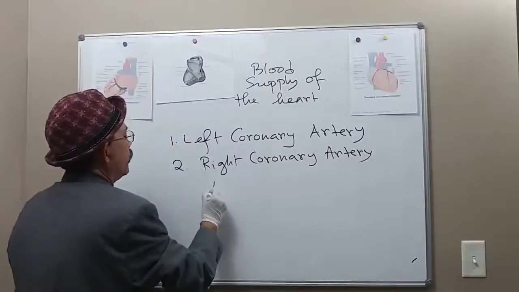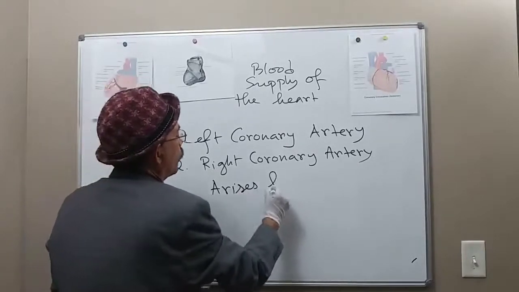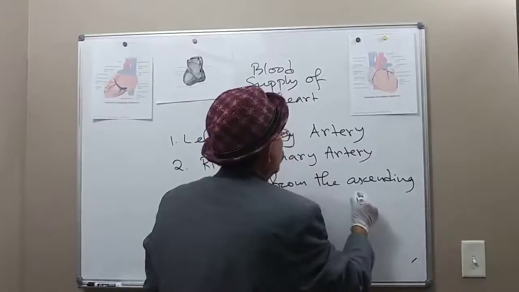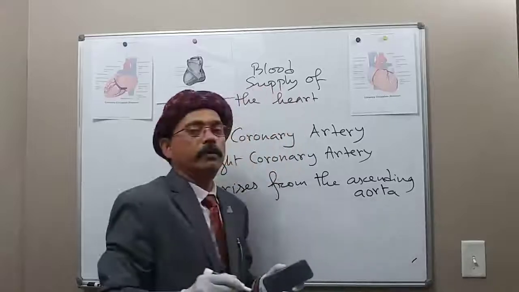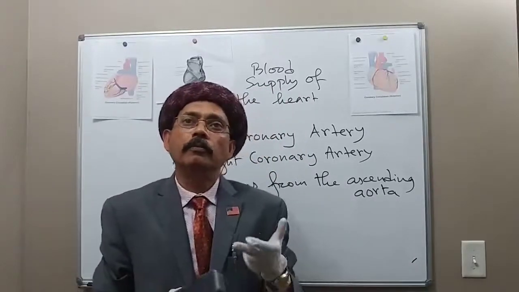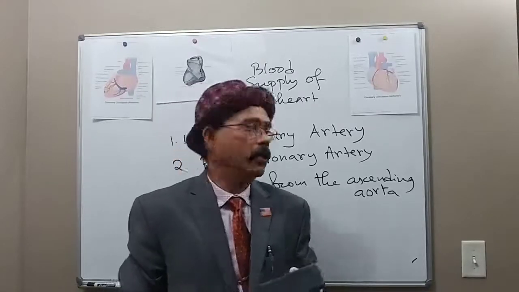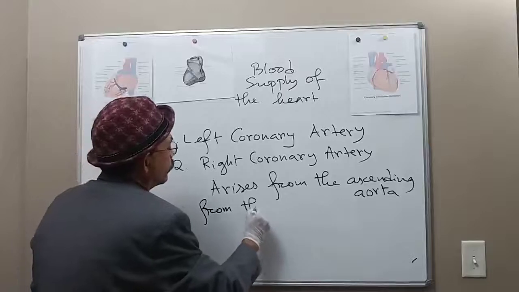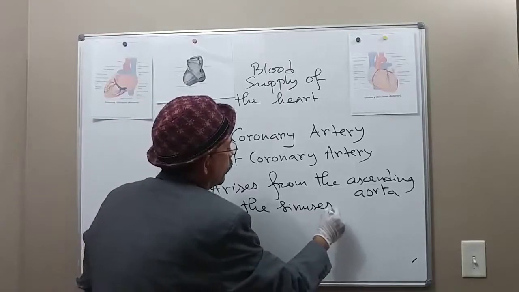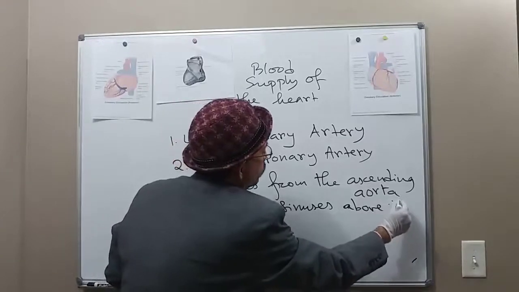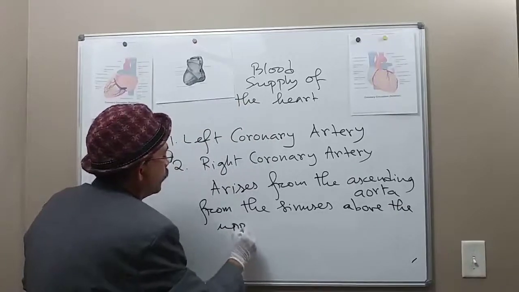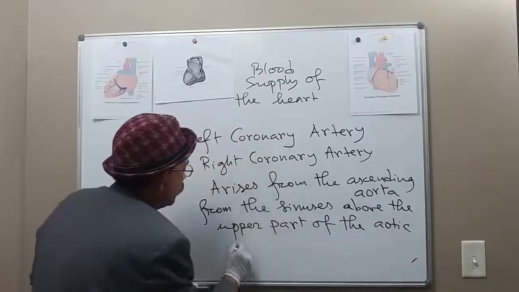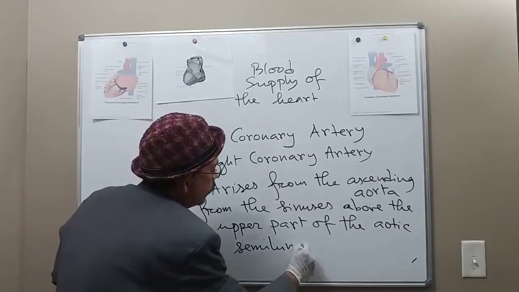Both arteries arise from the ascending aorta, from the sinuses above the aortic semilunar valve.